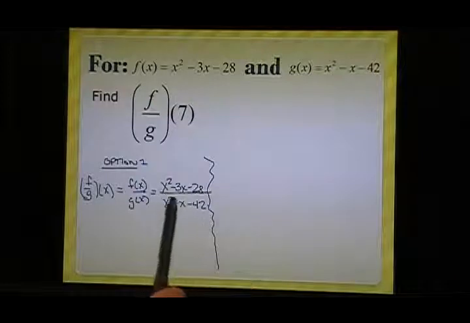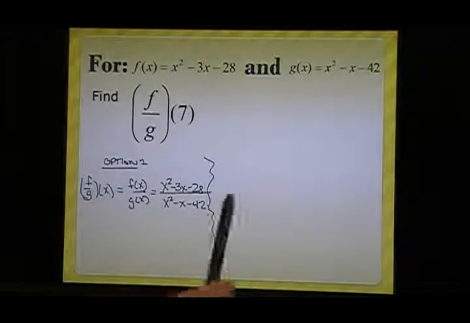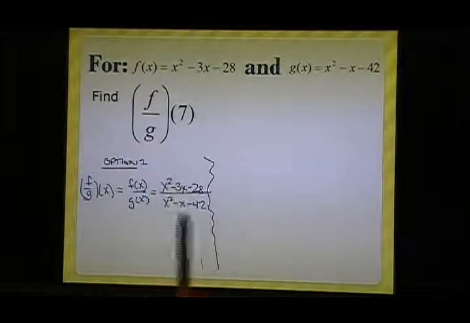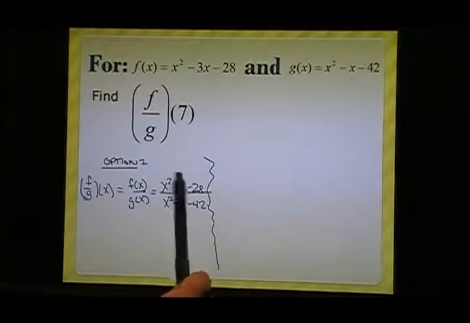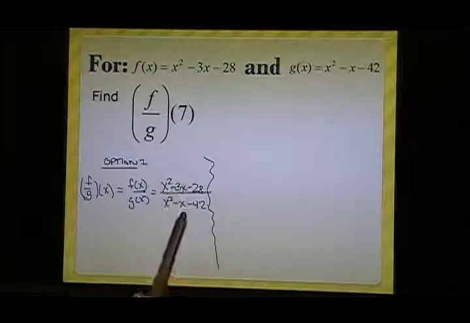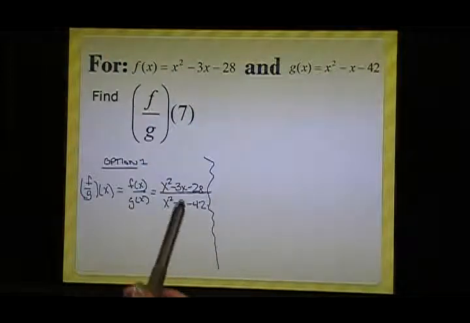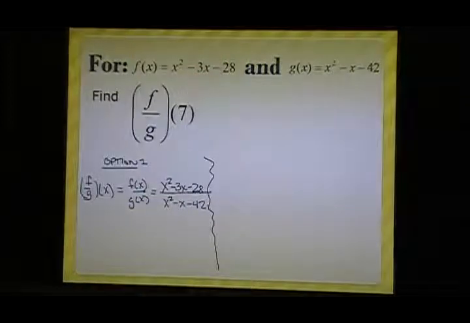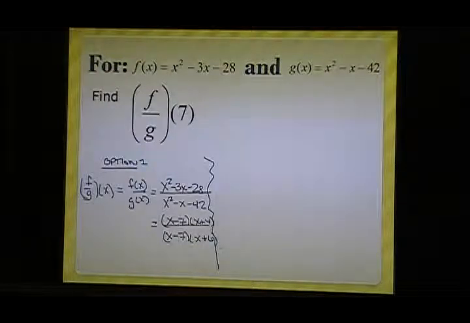But like we were saying before, we always want to see if we can simplify when we're dealing with a rational function. And to simplify, you can only simplify if both numerator and denominator have a common factor. So both have to be in factored form. The numerator we can factor into x minus 7 times x plus 4, and the denominator factors to x minus 7 times x plus 6.